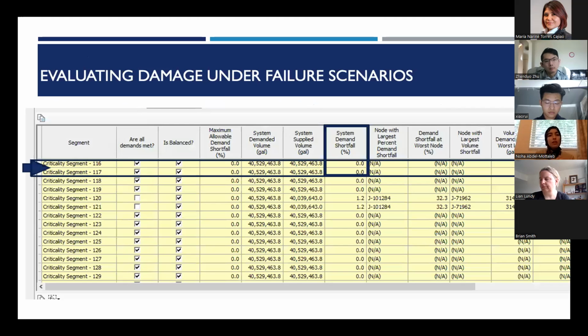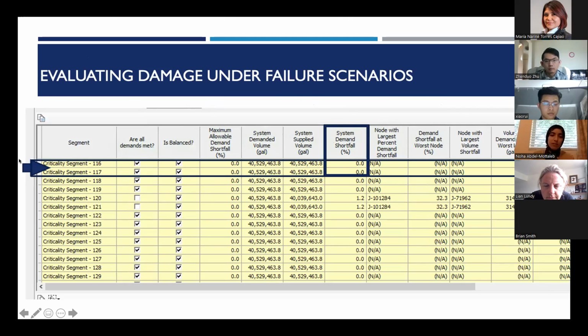And so let's go into what does evaluating this performance actually practically mean in our study. This is a snippet from the WaterGEMS software, and each row represents some failure scenario and a subsequently isolated segment. And then we have a measure of the system demand shortfall. So the higher it is, the lower the performance in the network. In this case, these segments don't have an adverse impact on the system, and so they're not really very critical.